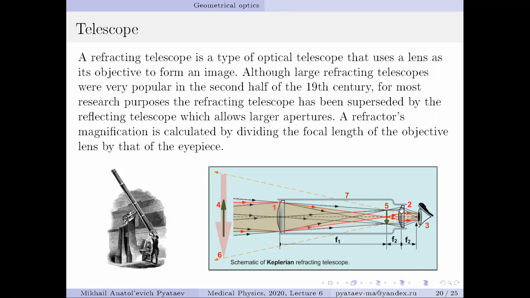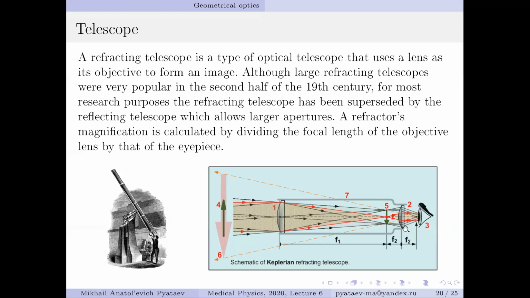So the eyepiece lens in this case forms a virtual image. And this virtual image appears enlarged compared to the object. So this optical scheme allows us to get a virtual image.